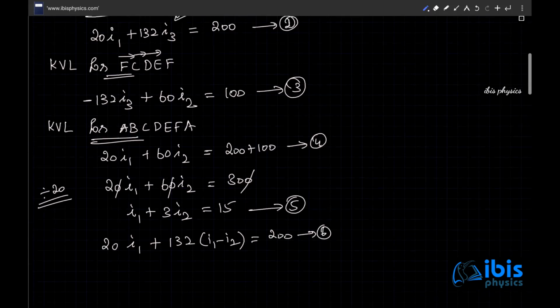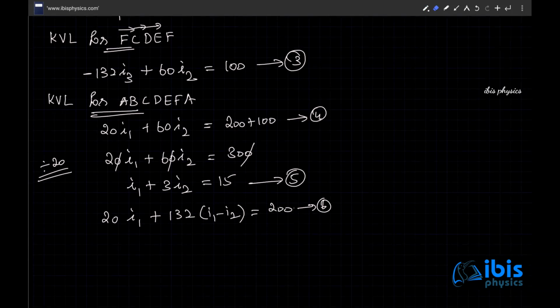Sixth equation. So instead of naming it as sixth, we can go for one more thing. So it is 20 I1, 132 I1, so 152 I1 minus 132 I2 equal to 200.